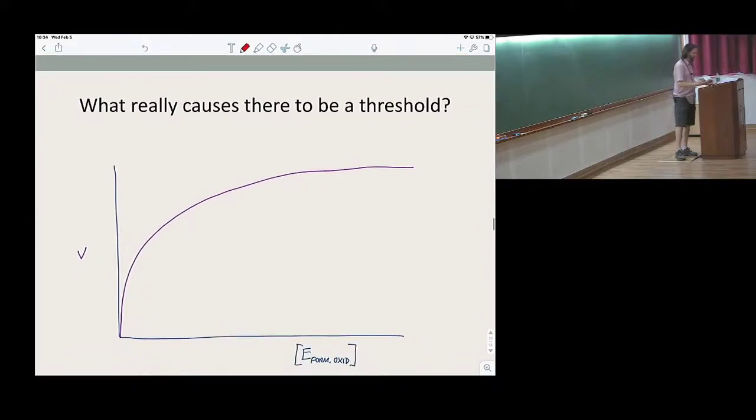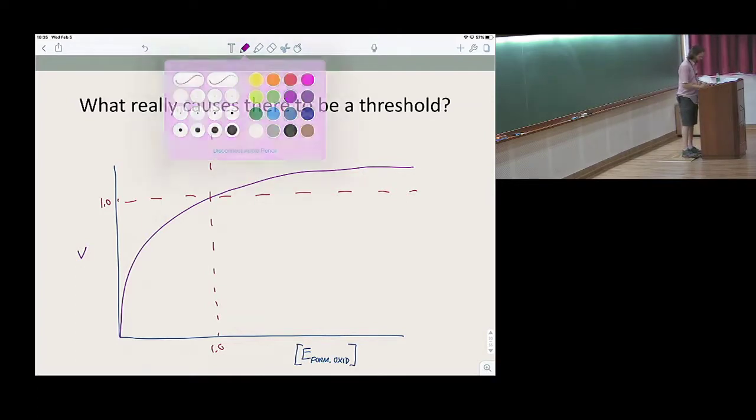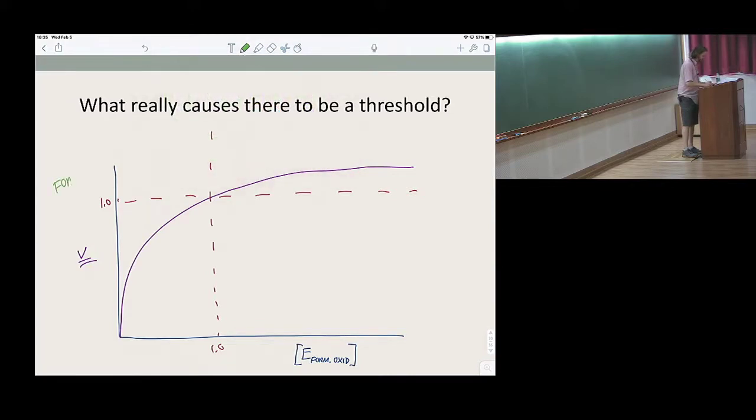Why is there a threshold at all? This is what things should look like. If you're at some given expression level and at some given flux, everything we've been talking about looks exactly like this. That's in terms of flux. But what about in terms of, say, formaldehyde?